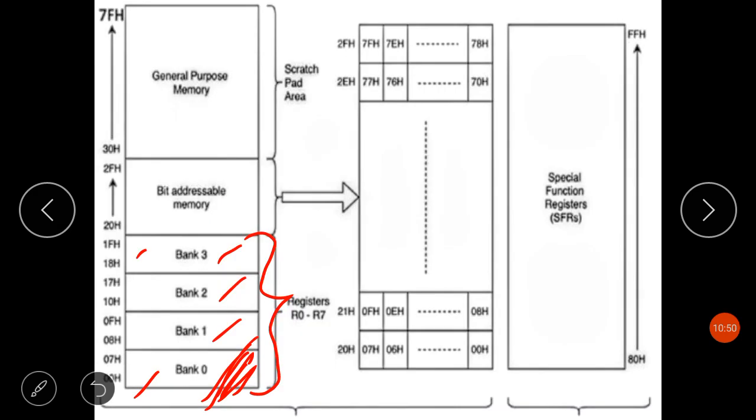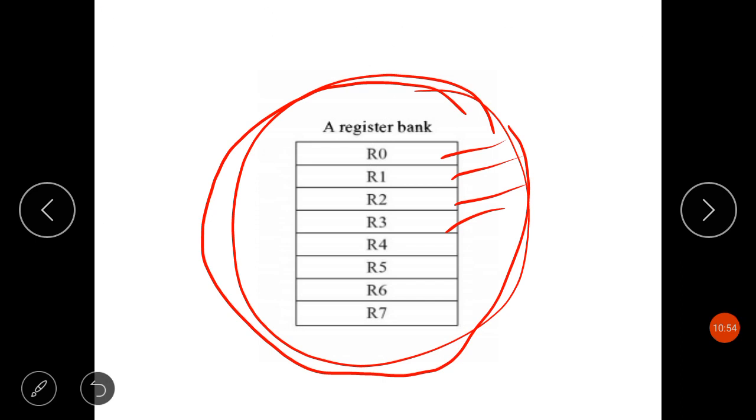Every bank is having these 8 registers, and each register can be addressed in 2 ways, either by name, like R0, or by the address.